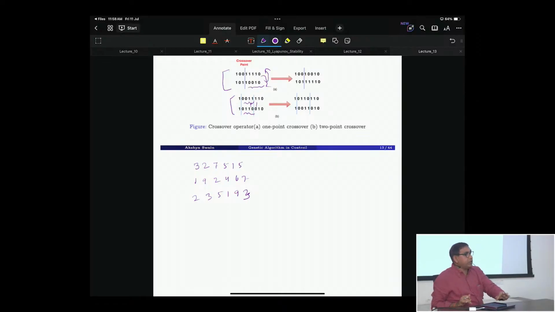So for each value, I computed the fitness value, right? These are X1, X2, X3, the possible solutions in the first generation.